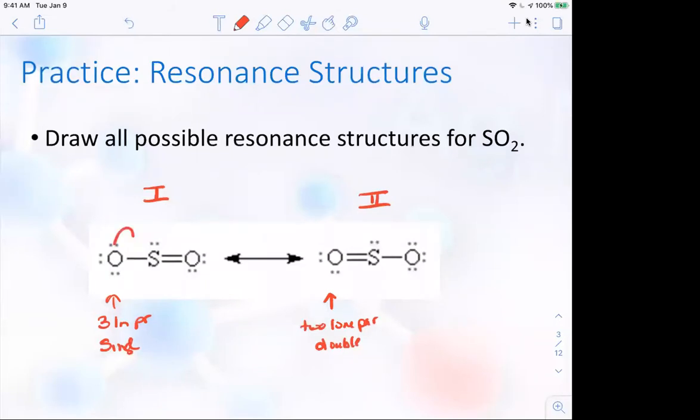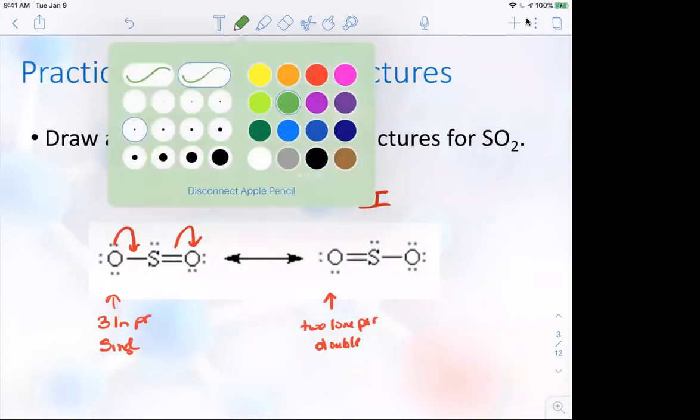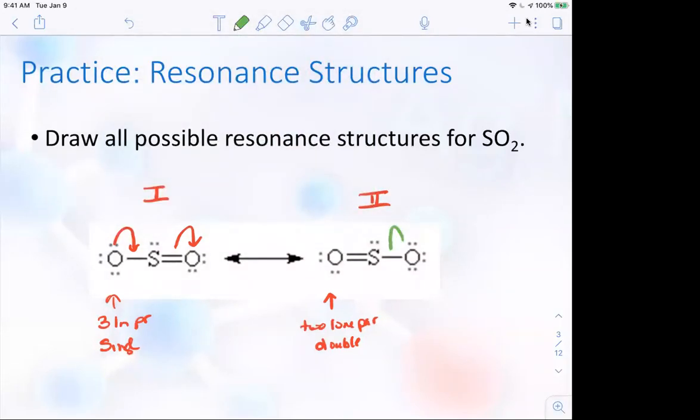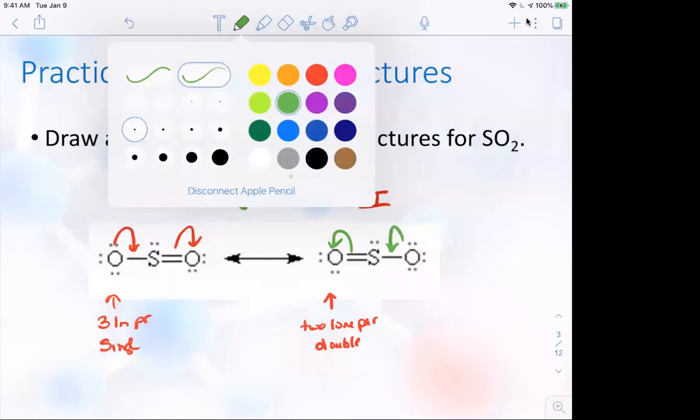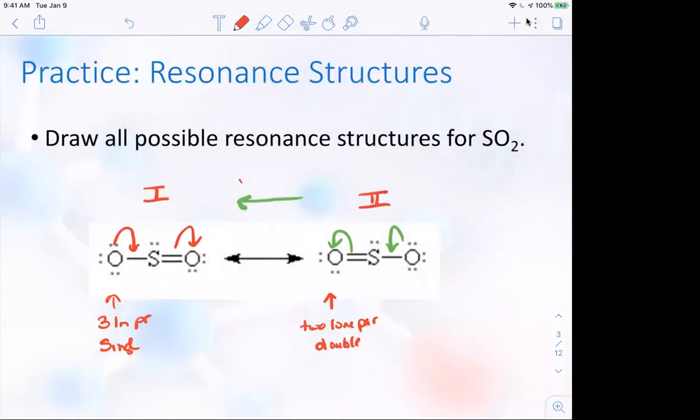So again, if I do this and then I do this, I'm going to go from resonance structure 1 to resonance structure 2, and vice versa. If I do this and then I do this, I can go from resonance structure 2 to resonance structure 1 when I look at pushing the arrows that way.